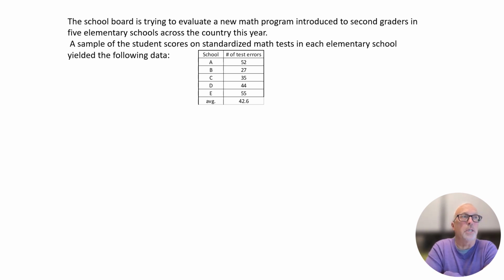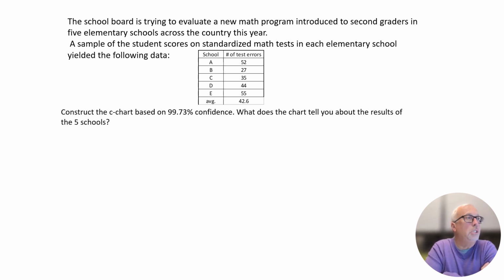The sample size always has to be the same. So we have 5 schools. School A had 52 errors, B had 27, C had 35, and so forth. I went ahead and calculated the average for you, so C is 42.6. Construct a C chart based on a 99.73% confidence. So right away, we know Z is going to be 3. What does the chart tell you about the results of the 5 schools?